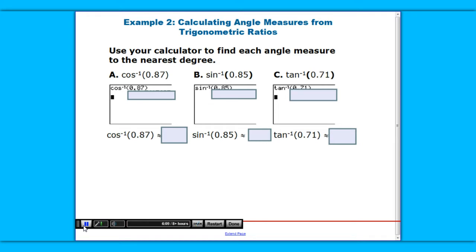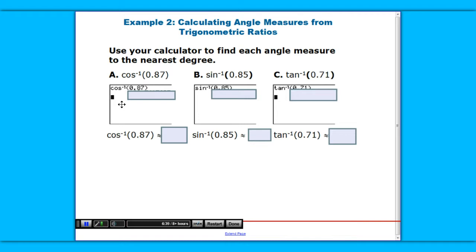And to access the inverse function, you simply press second function, and then the trigonometric function that you want. So for the first one here, we would press second function cosine. That gives us the inverse cosine. As you can see on your TI-30, it looks just like this, right? And then you have an open parentheses and you plug in 0.87.